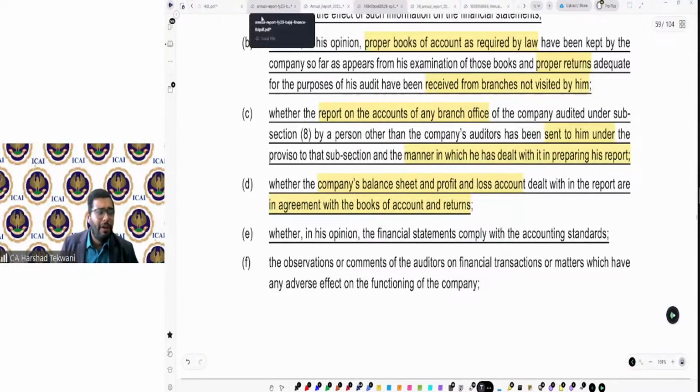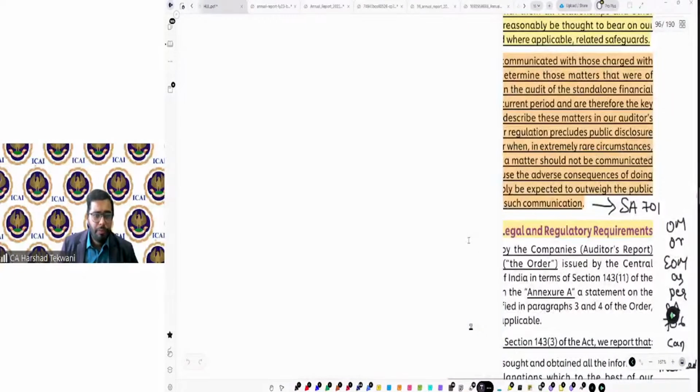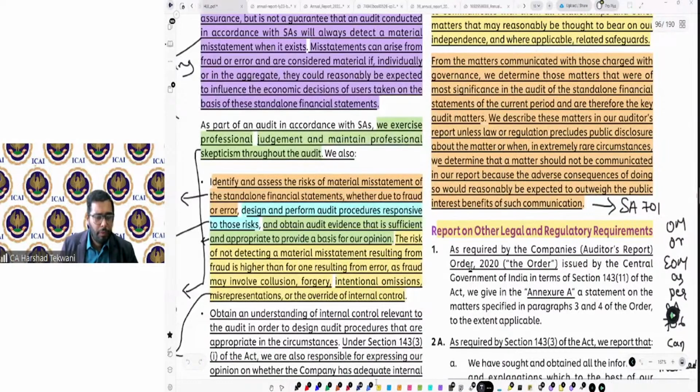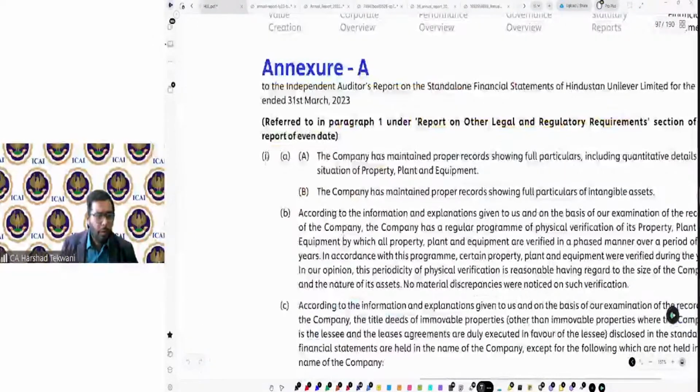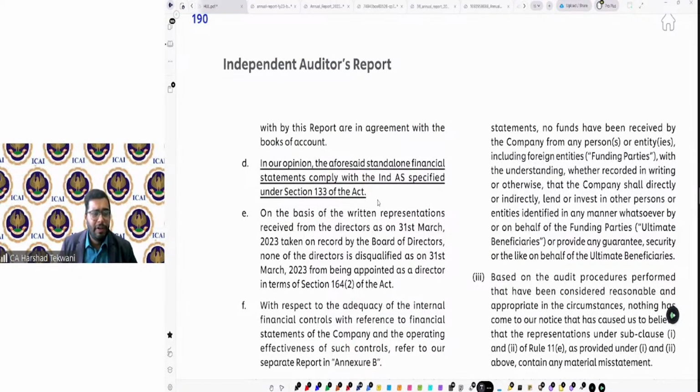But if no, then he will reply accordingly. Let's see one example. In our opinion, the said standalone financial statements comply with the Ind AS specified under section 133 of the Act. So if they are complying, they will say it's complying.